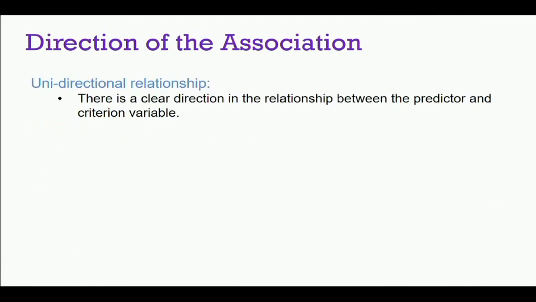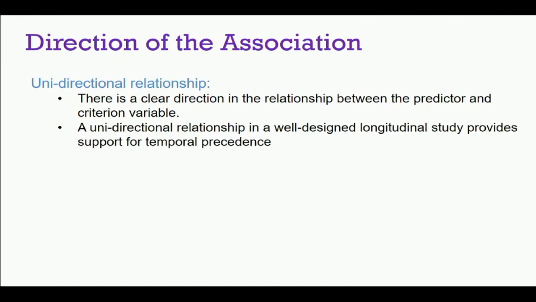Now, the direction of the association is also something you've got to consider. In life, when you've got a very, very simple relationship, it will be unidirectional. There's a clear direction in the relationship between the predictor and the criterion. So, age increases height. It's not a reciprocal relationship. But in most cases in life, you don't have that nice unidirectional relationship. Things are a bit messy.